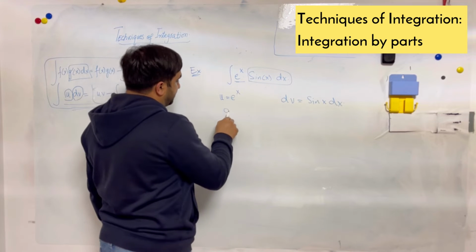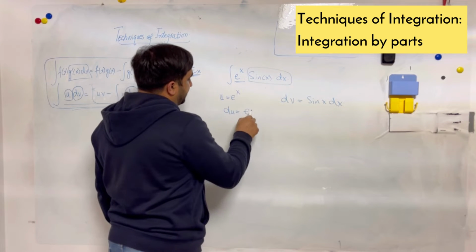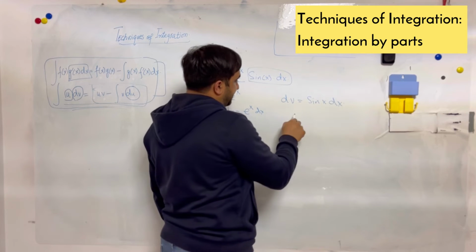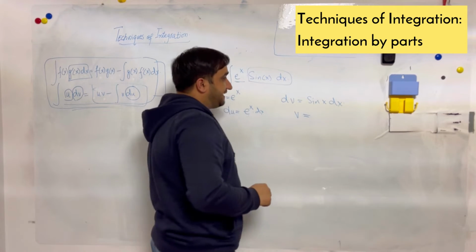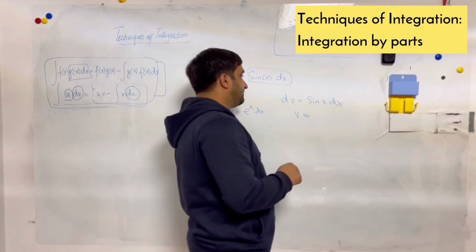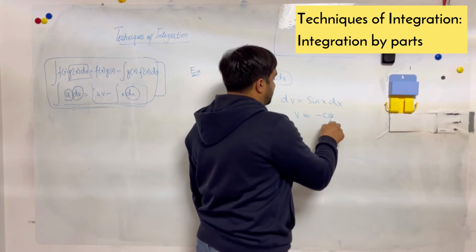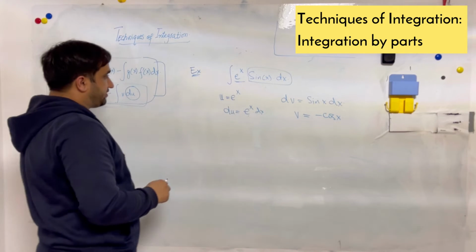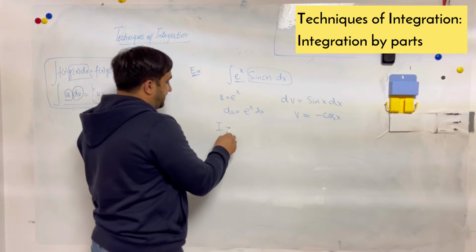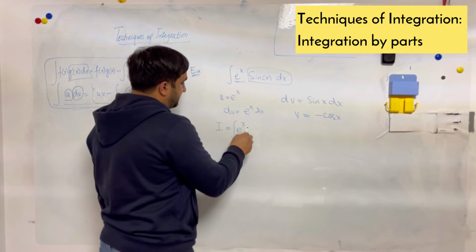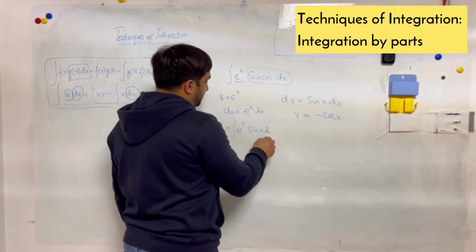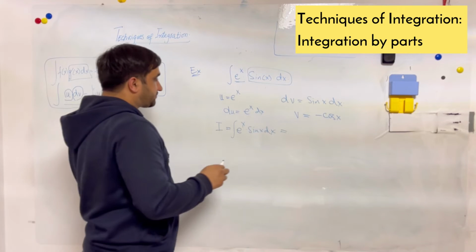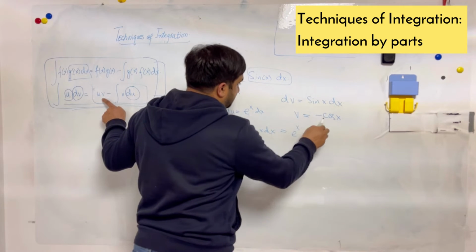Now this is u, then du will be again e^x, and here integrated it will be v, and the integral of sine x is minus cos x. So we have all the information, we put them into the formula. So my I, the integral of e^x sine x dx, will be uv, e power x times minus cos x.